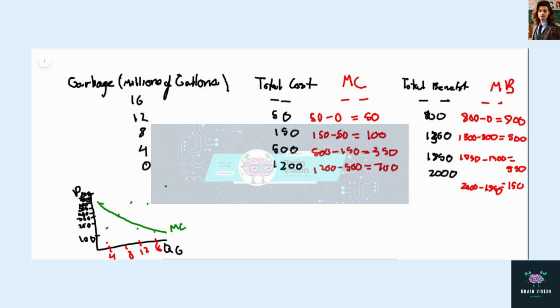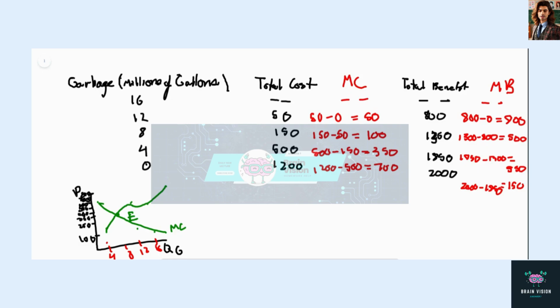So it ends up looking something like this. And so the socially optimal point is somewhere between 4 and 8, probably closer to 8 million garbage, and so that's our equilibrium.